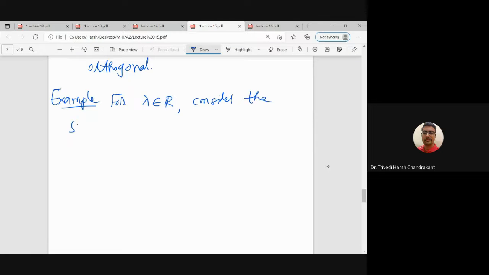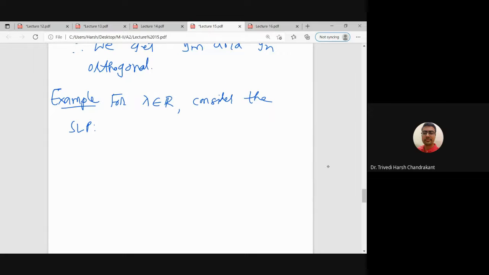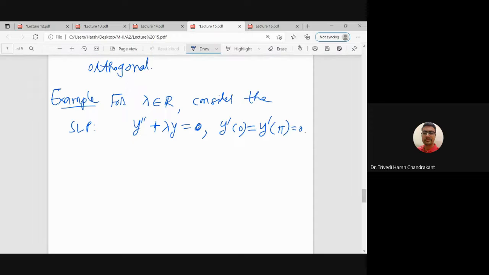the Sturm-Liouville problem. So we shall shortly call it SLP, that is y double dash plus lambda y is equals to 0, right? And we are taking the boundary condition to be y dash of 0 is equals to y dash at pi is equals to 0, right?